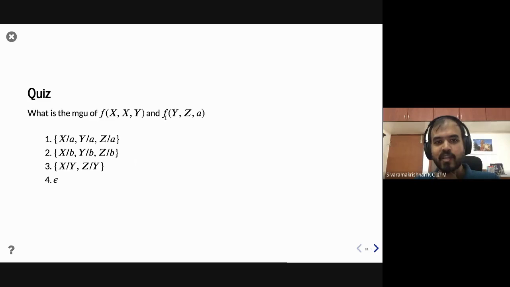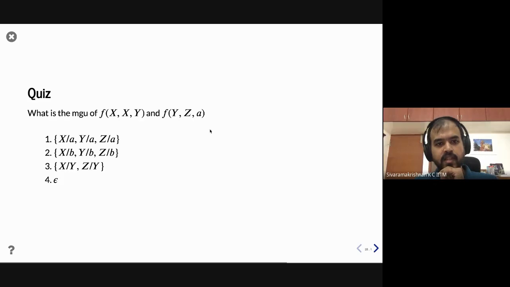I think this particular example is quite nice. If you understand how to get the most general unifier for this one, I think almost all of the cases are covered. So let's go through this. First, we can rule out 4 because if you just don't do the substitution, they are not syntactically the same. We can rule out 3 because if you just replace X with Y, Z with Y, we have an A here and this Y remains here.